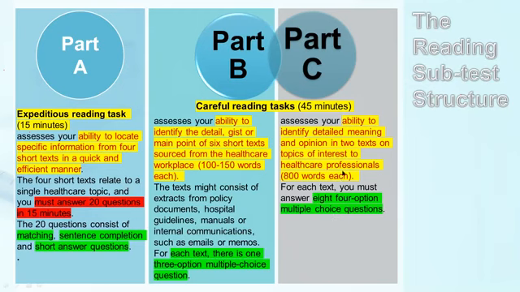So you have to choose the correct answer from 4 options, while in part B, 3 options only. Okay, so the total of the questions in each part: in part A, there will be 20 questions, while in part B, 6 questions. In part C, 16 questions.